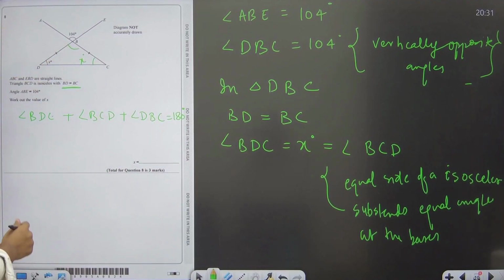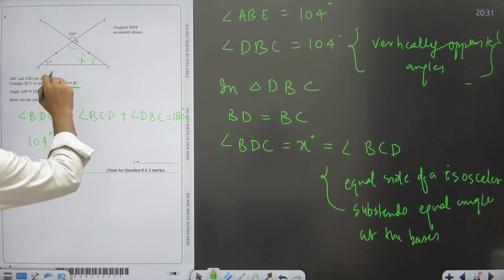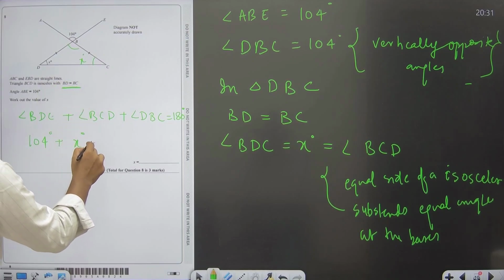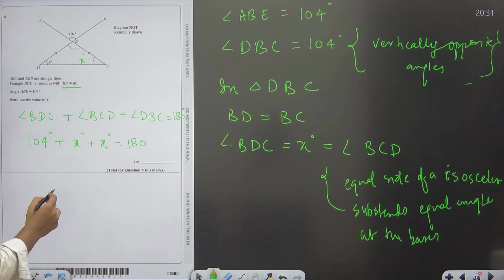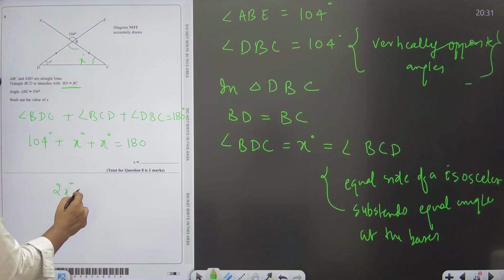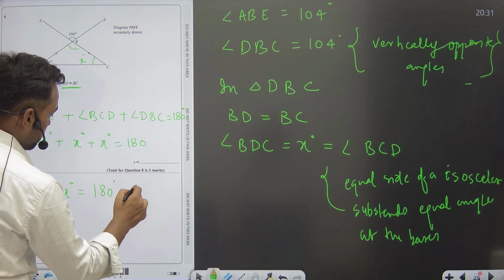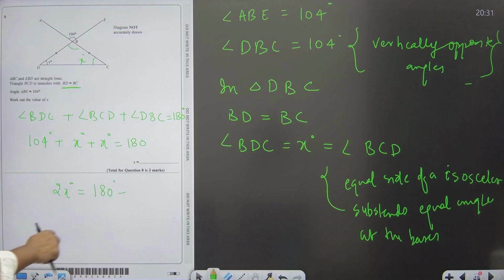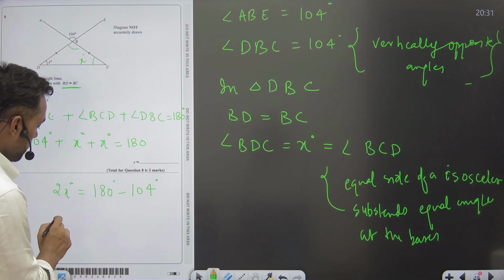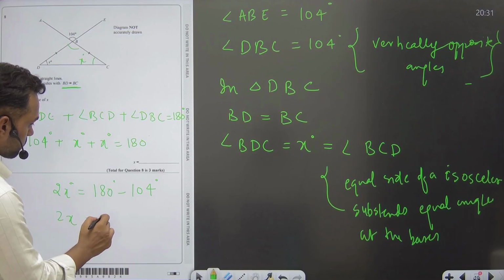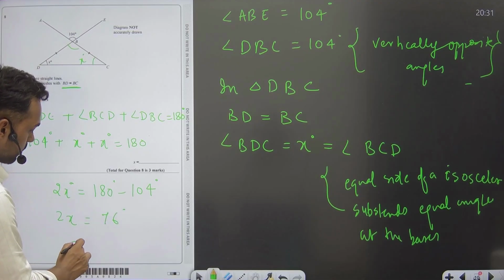Now DBC we have got as 104 degrees, plus these two angles are x degrees, so x degrees plus x degrees equals 180 degrees. Now here you will calculate, so you will get 2x degrees equals, we are transposing 104 to the right hand side, so here it is positive 104, you will transpose it to the right hand side and get negative 104 degrees. Now 2x is equal to 76 degrees. If you want to use the calculator, you can go for it.